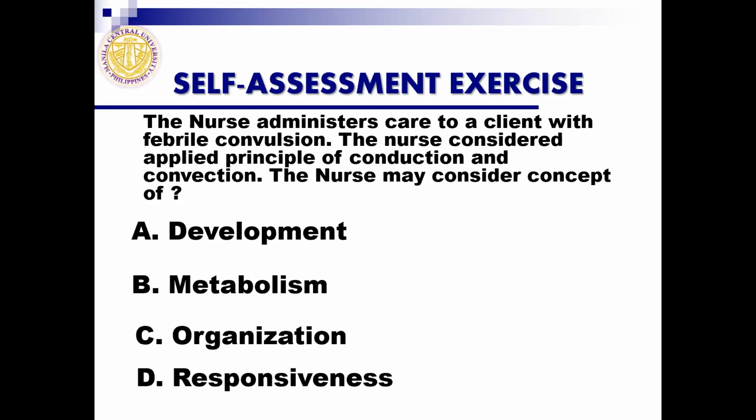So again, the choices are development, metabolism, organization, responsiveness. Among the choices, one of which is related to the activation of energy. Okay, energy that is very significant in the functions of the cell.